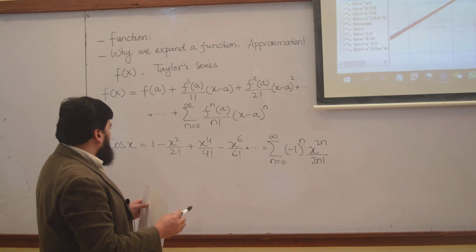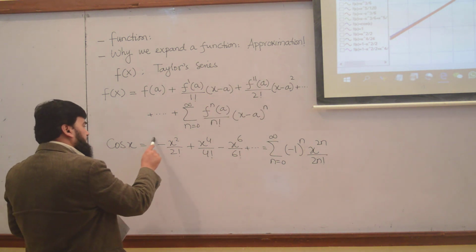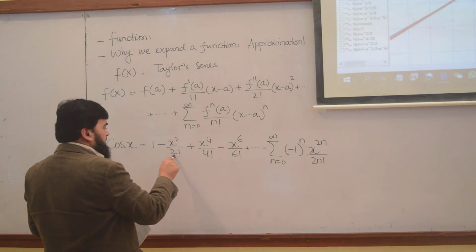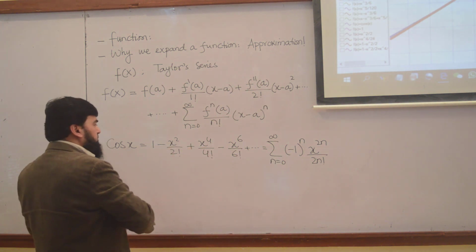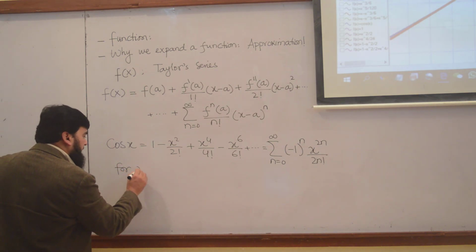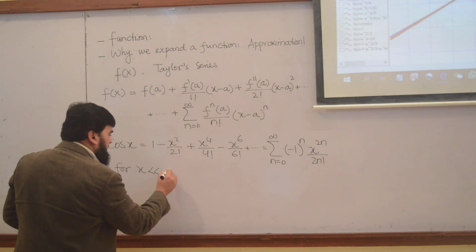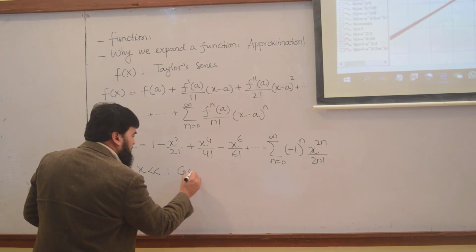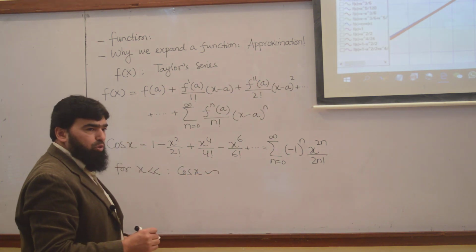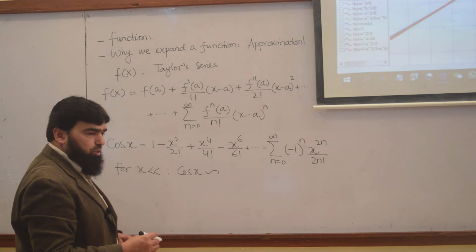Now the first term in this one is 1, and then x squared by 2 factorial, x to the 4 by 4 factorial, and so on. So if x is very, very small, then cos of x will be approximately equal to what? We will check this one.